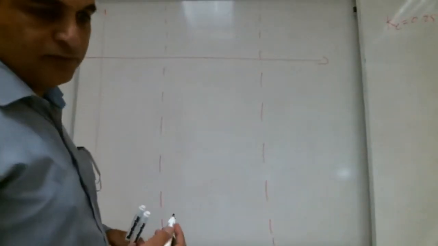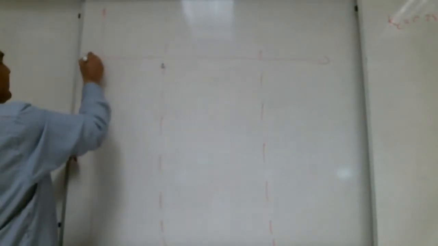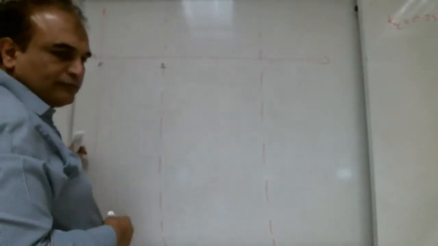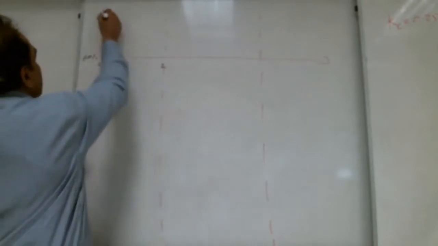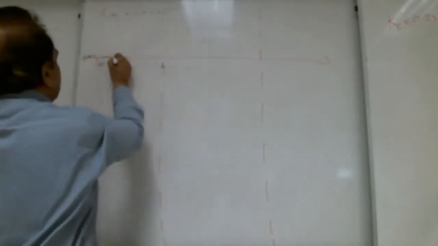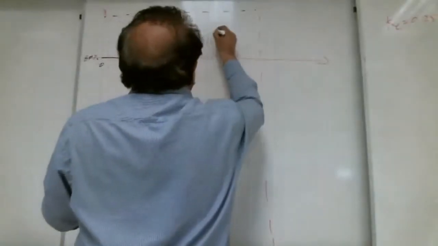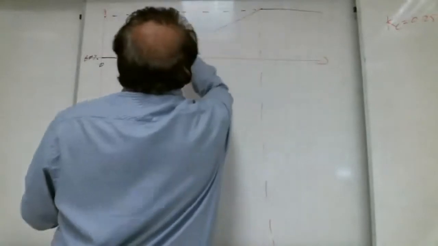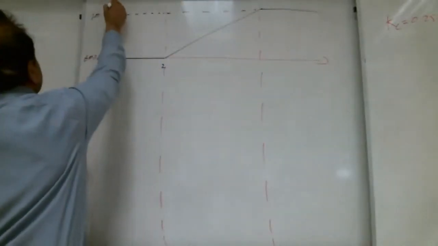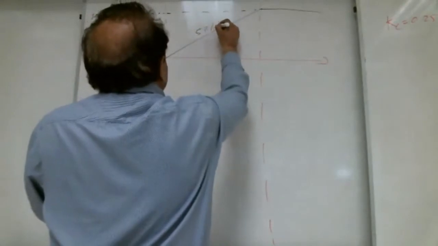So from 0 to 2, PV is 60%. At 2, it starts rising and goes to 100%. This is the PV. And the slope is 5% per minute.